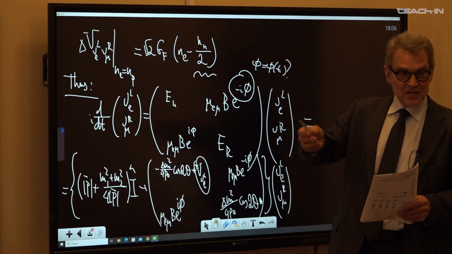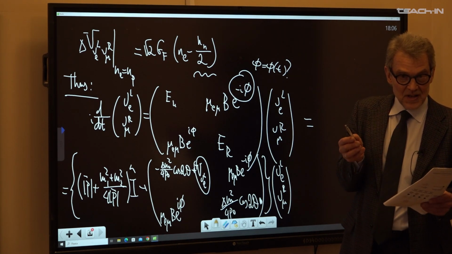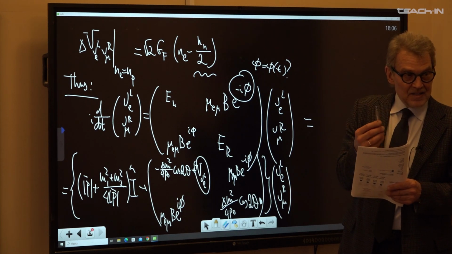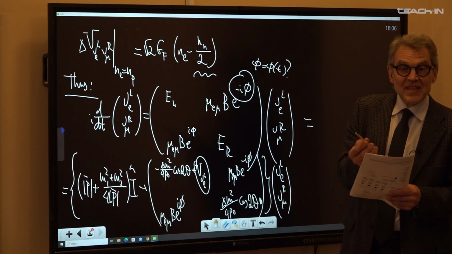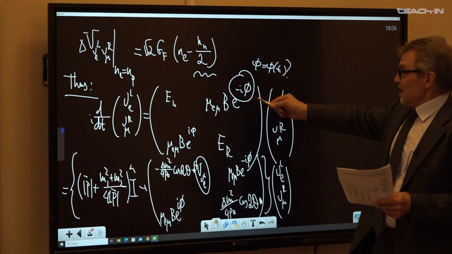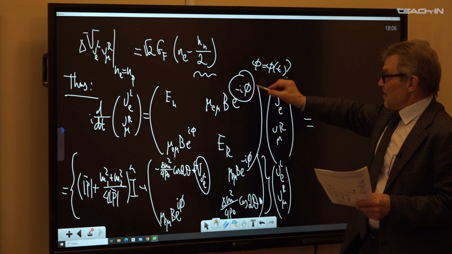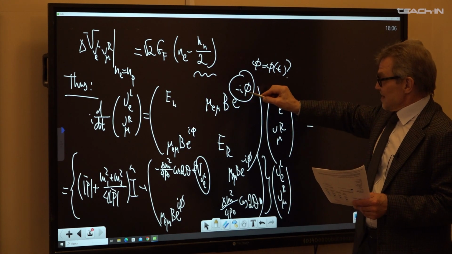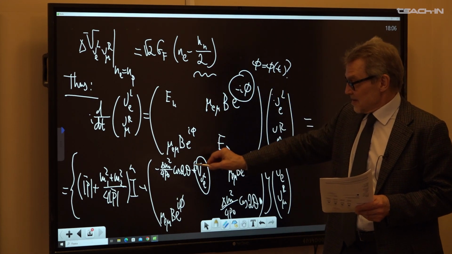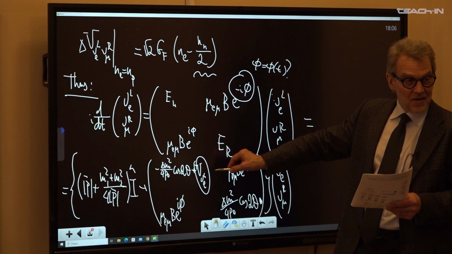And as soon as the two bases I am discussing are related by a unitary transformation, the solution for the oscillation problem, the probability, will be the same. So after transition to another basis, we just move this phi to the effective potential, really.